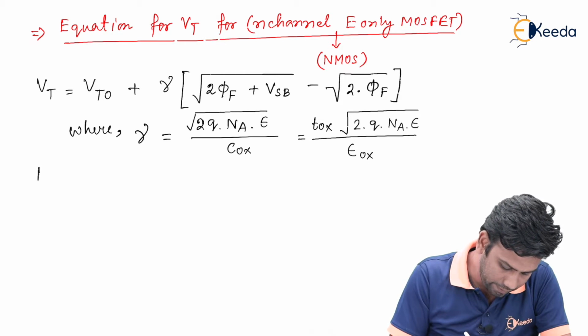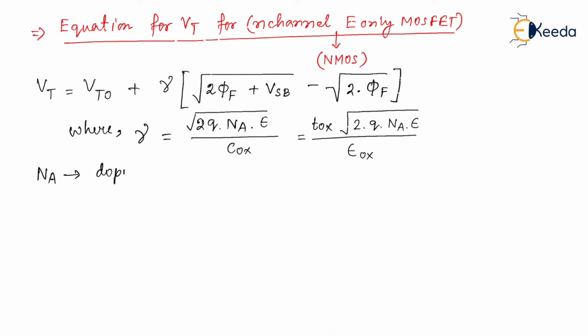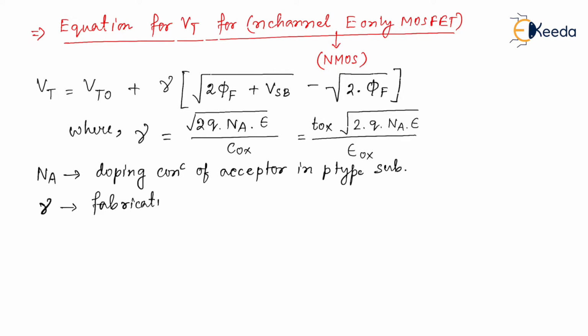Now, the Na is the doping concentration of acceptor in p-type substrate, and gamma is determined from the fabrication procedure, and the phi f is the Fermi level voltage.